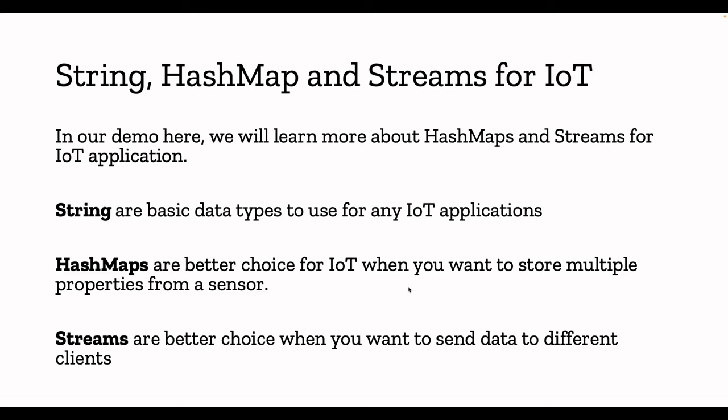Strings, hash maps, and streams. These are the three data types which we are going to see in depth in this video. In our demo, we will learn about hash maps, streams, and strings for IoT applications. As I mentioned, strings are the basic data type for any IoT application. Hash maps are a better choice for IoT when you want to store multiple properties from a sensor.